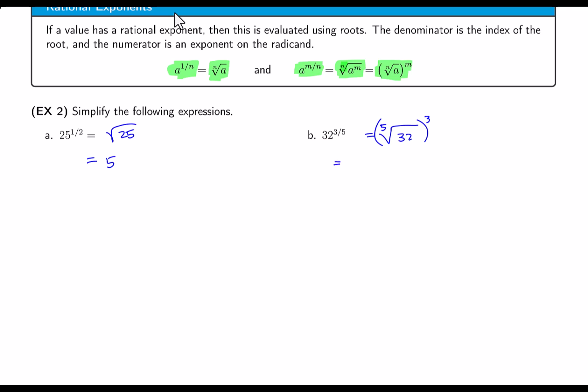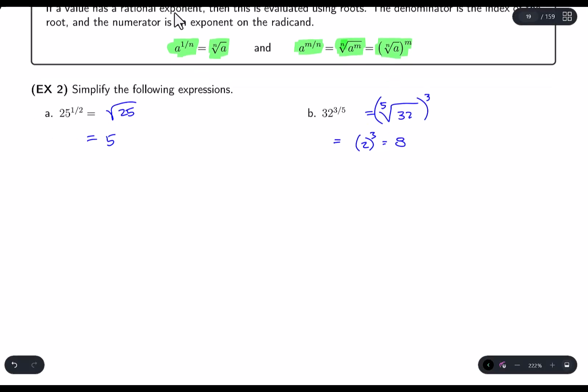Now 32, that's the same thing as 2 to the 5th power. So it's a perfect fifth, which means that the 5th root of 2 to the 5th would just be 2. So this is really 2 to the 3rd power, which is 8. So that just reduces nicely down to simply 8.